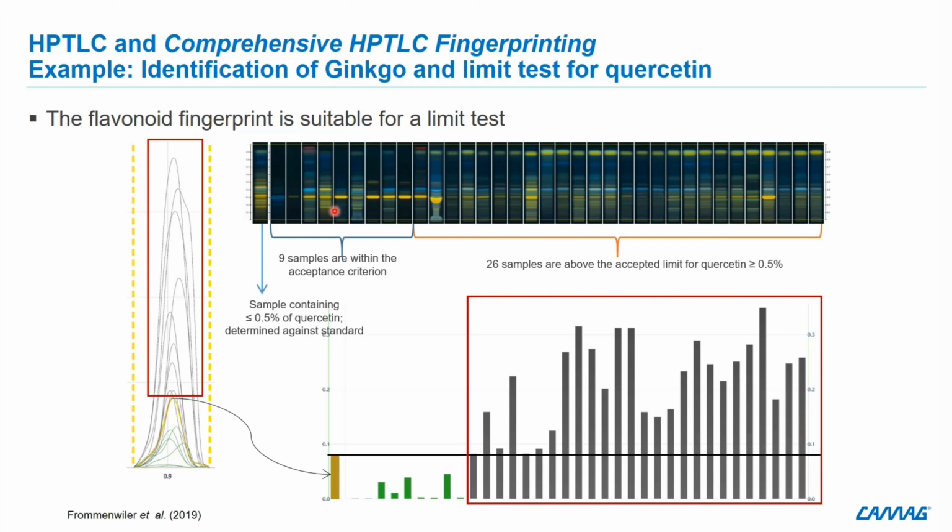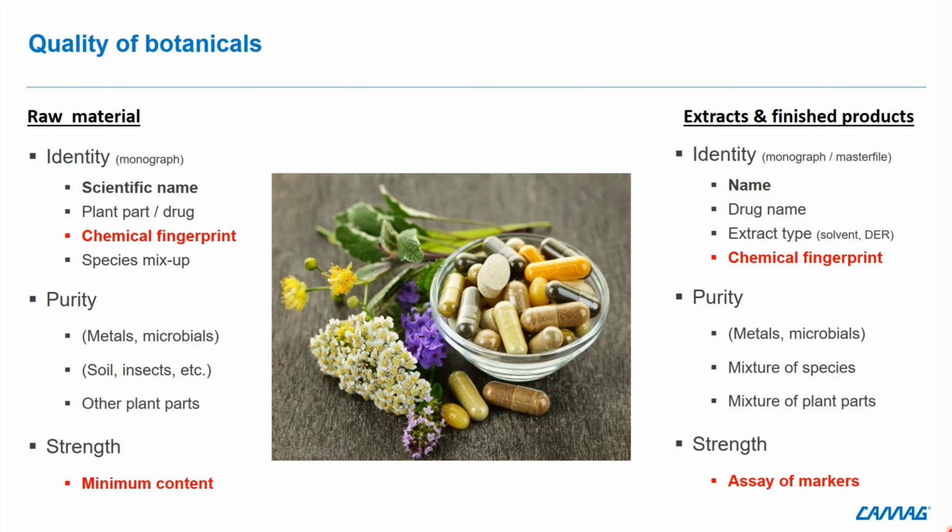Let me briefly introduce you to the quality of herbals and botanicals and the current state of the regulations before we get back to the Ginkgo market study. What are botanicals and what are herbals? The US uses the name botanicals, and the Europeans are talking about herbals.